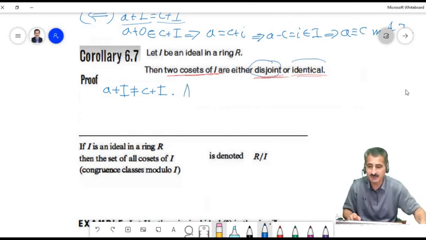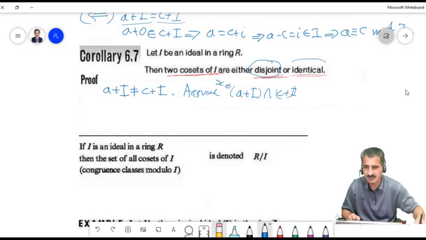Assume to the contrary they are not disjoint. Assume A plus I intersect C plus I will have some common element, say it is x, that belongs to this intersection. So that means x equals a plus i, and x equals c plus j for some i, j in the ideal.